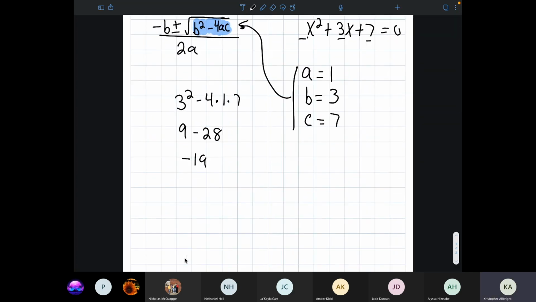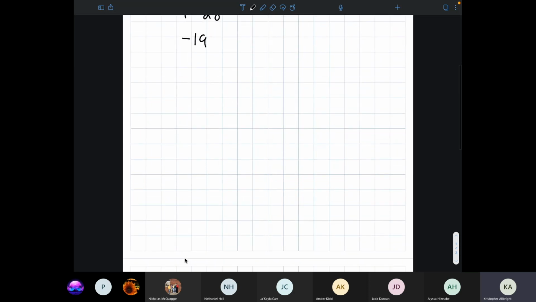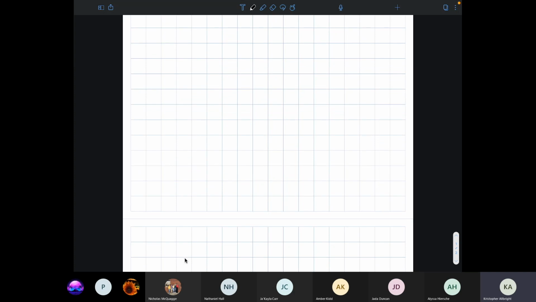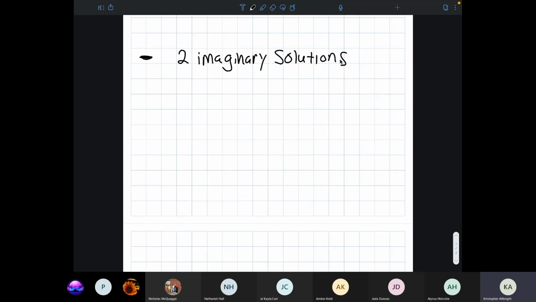And remember, we can tell several things about the discriminant. There's a reason to calculate it. It's not just for fun math. You can find out the number of solutions that you're going to have. Remember, if we have a negative number for the discriminant, then we are going to have 2 imaginary solutions. If it's 0, you are going to have 1 real solution.